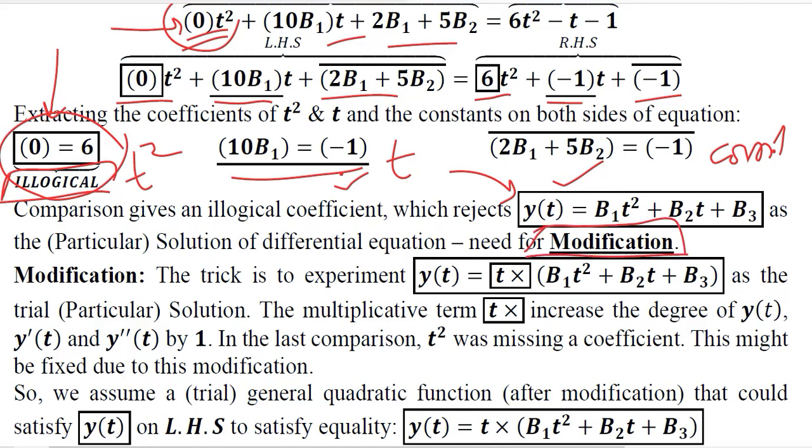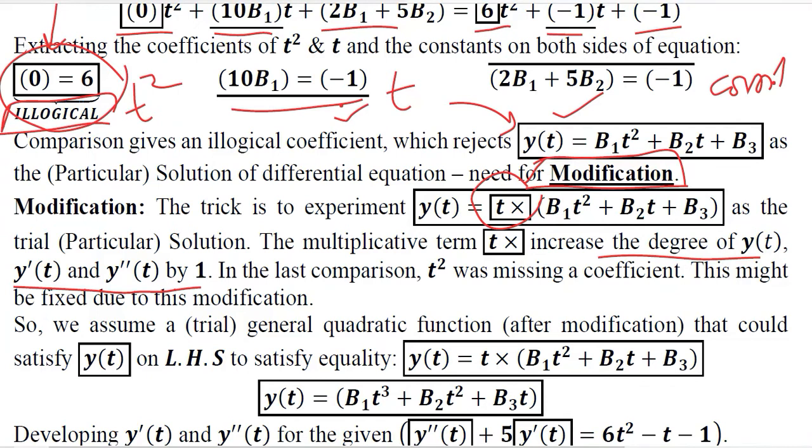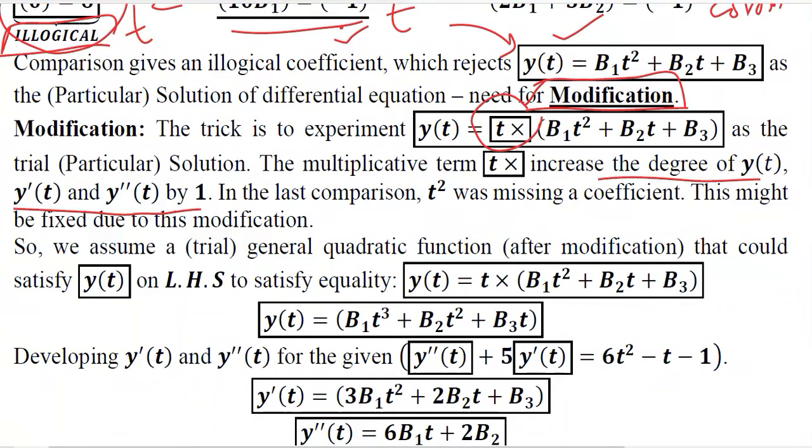For that we multiply t with this term. When we multiply t with this term, the degree of y(t) will increase by 1, because we are multiplying by t, so the terms will have higher powers accordingly. So this trial now will be with a t multiplied with it.